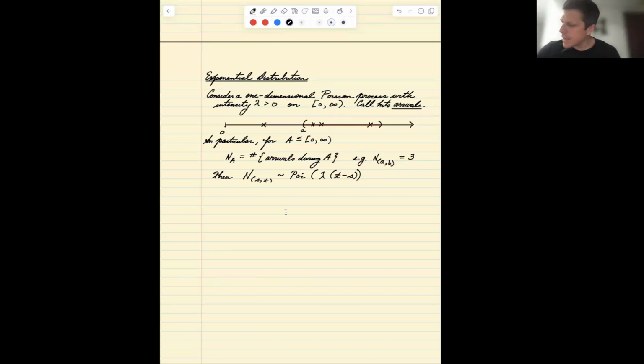And we're going to define a random variable called capital T to be the infimum, or you can think of it as the minimum, the first time t at which the count reaches 1. So it's the time of the first arrival.